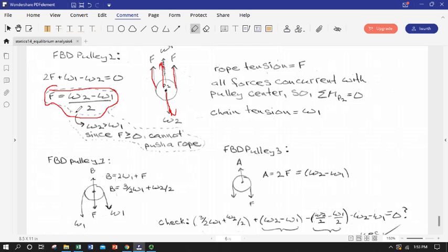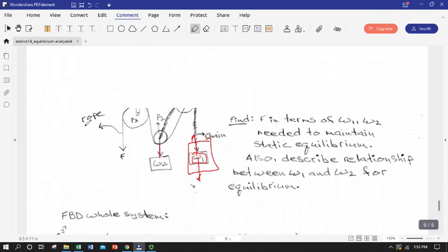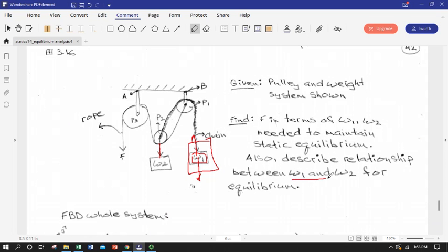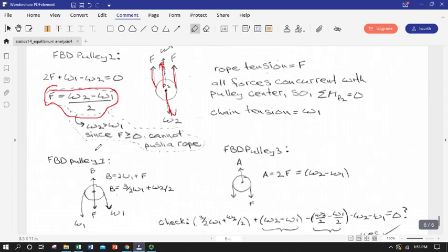So mechanical advantage. So next we want to think about, okay, we were asked, what relationship can we say there is between the two weights to keep everything in static equilibrium? Well, this turns out to be a property of cables. So F has to always be positive in the case of a flexible type of tension member.